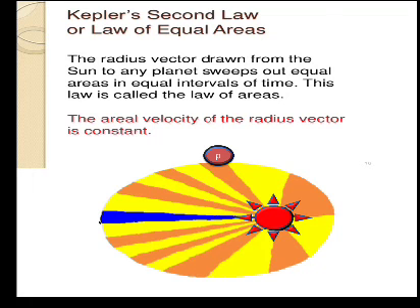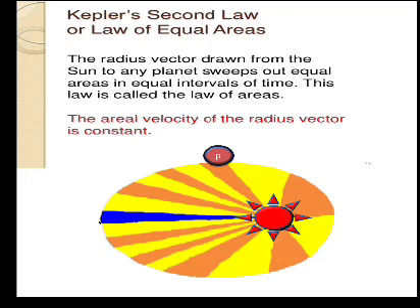Okay. Now Kepler's second law, or law of equal areas. The radius vector drawn from the Sun to any planet sweeps equal areas in equal intervals of time. This law is called the law of areas.